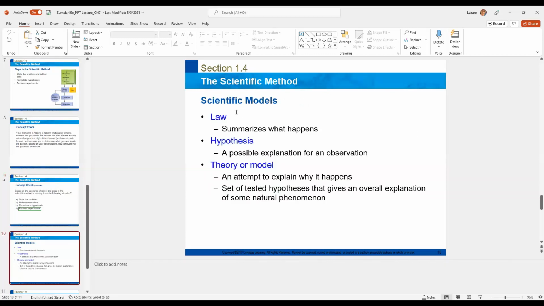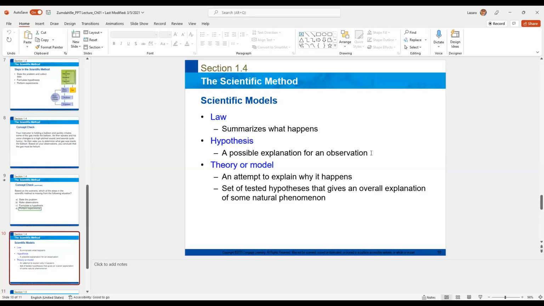Here we have three very important concepts. The law summarizes what happens. As I told you before, it can be a formula or a simple statement. A hypothesis is a possible explanation for an observation. Generally you say, well, if it happened this way, we are supposed to have these results.